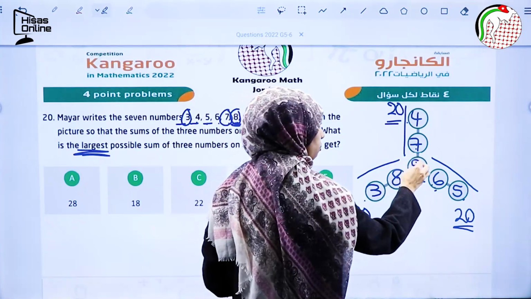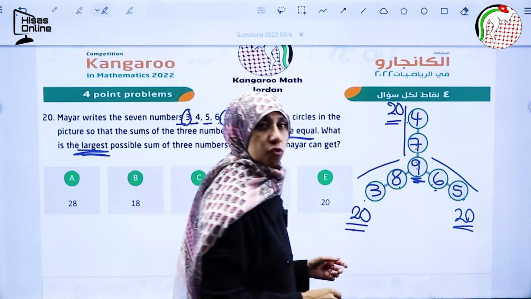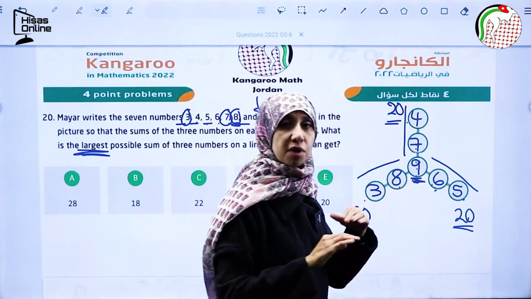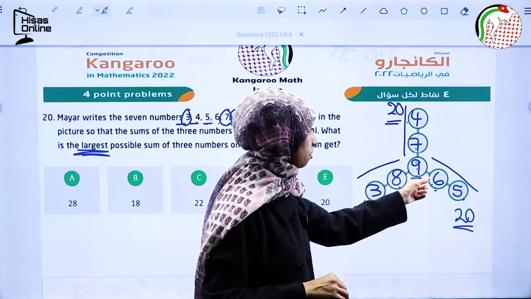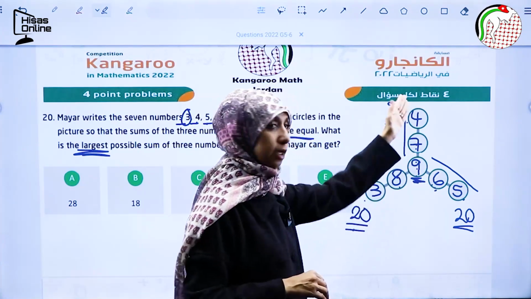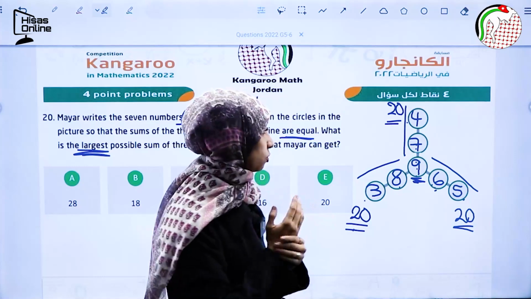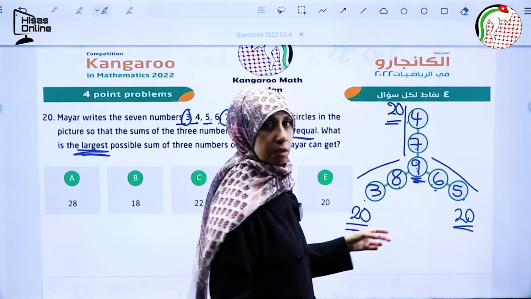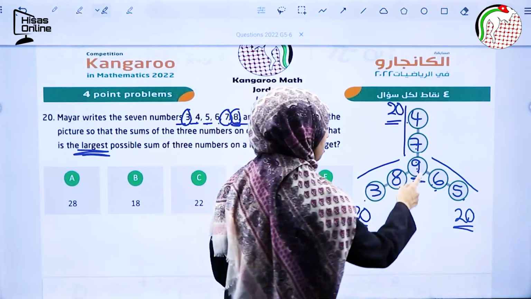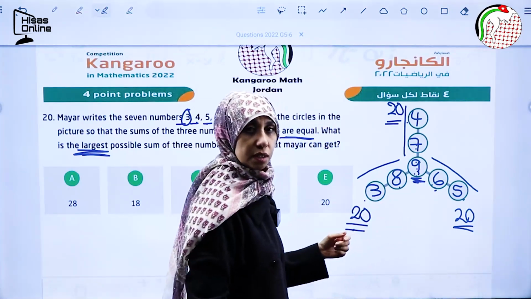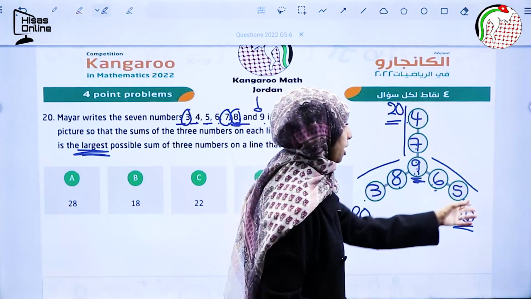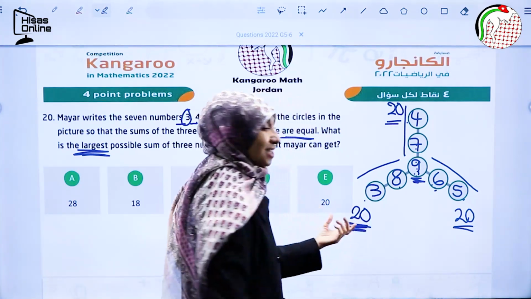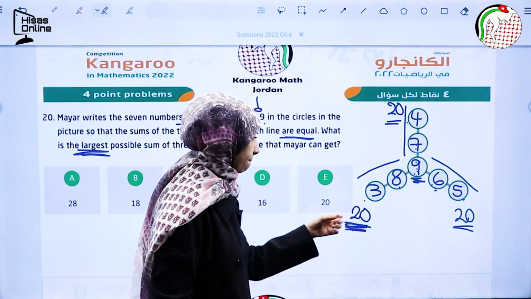Because the biggest number is added to only one line, while here you have used the maximum, 9, to be added to all lines, and then you distributed the others. If you choose, for example, 6 in the middle, you may have 18. With 3, you may have 16. If you try any other combination of numbers, you will definitely find a number that is less than 20.